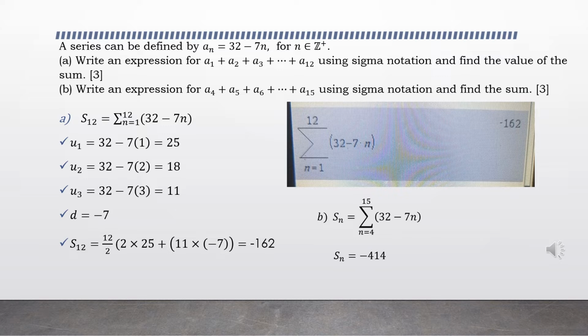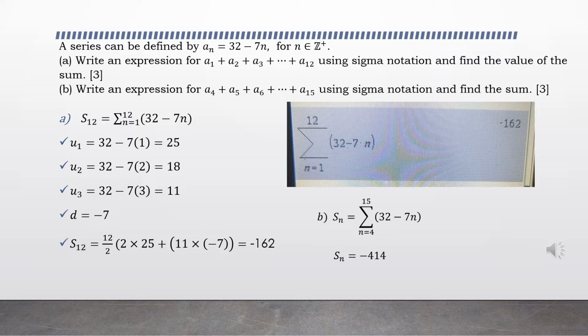So substituting the values to the formula where n equals 12, our sum for the first 12 terms will be equal to negative 162.